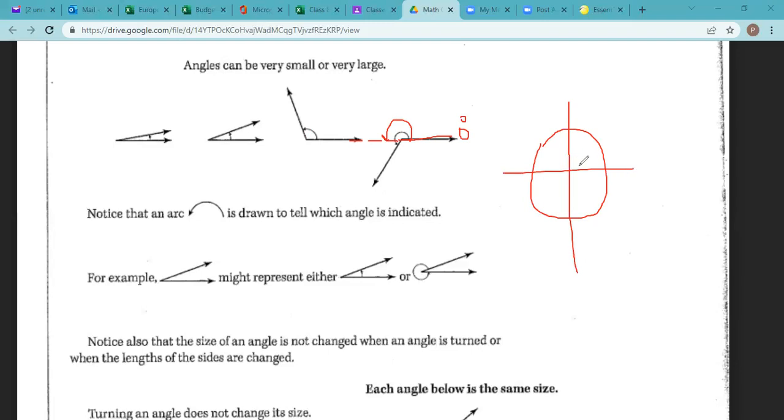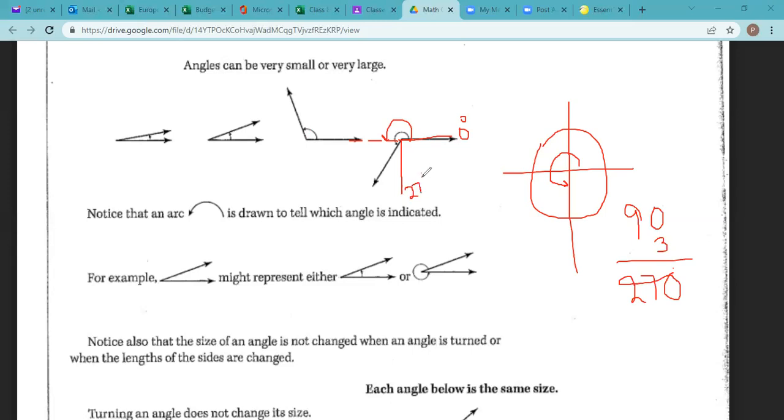If I was to go all the way through 3 of these pieces, 90 plus 90 plus 90, so 90 times 3. Well, 0 times 3 is 0, and 9 times 3 is 27.